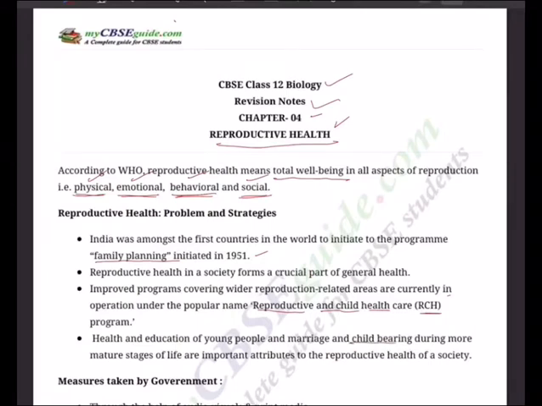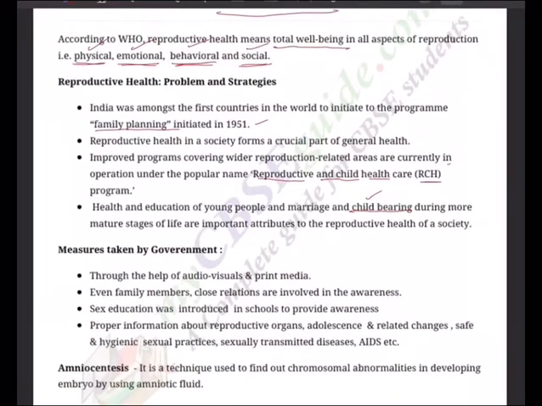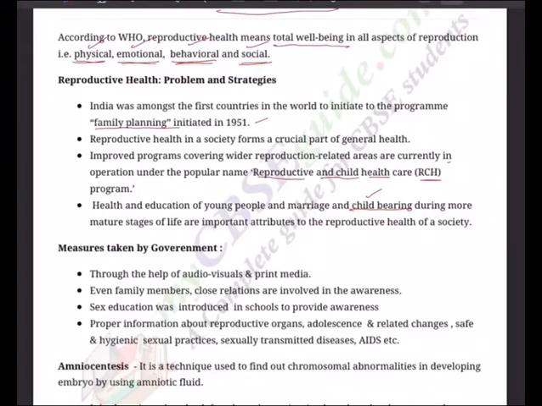And then childbearing: in your own hometown you must have observed a couple producing cricket teams with extra players, umpires, third umpire and whatnot. From those days we have come to 'we are two, we have two', and now 'we are two, we have the best one'. So these are the things that we need to remember, and that's how we are slowly moving on to a healthy society. And what are the measures that government has been taking?